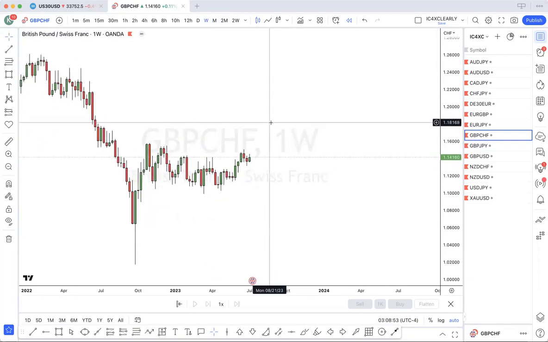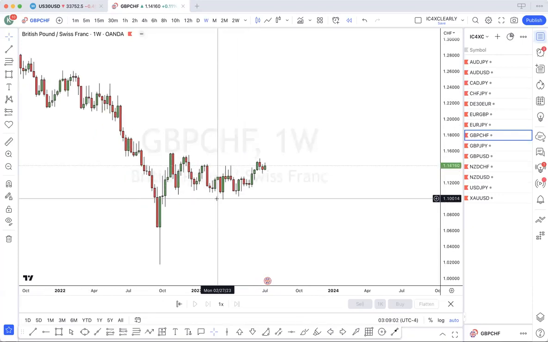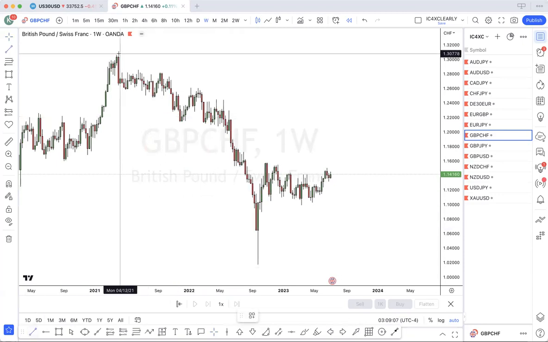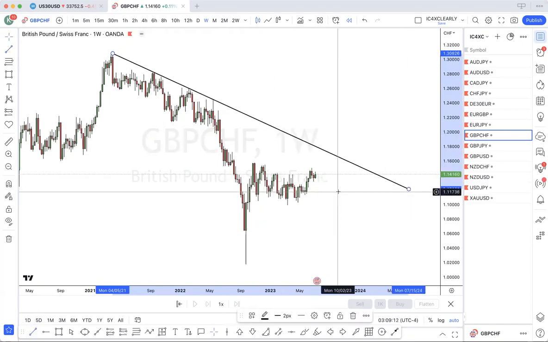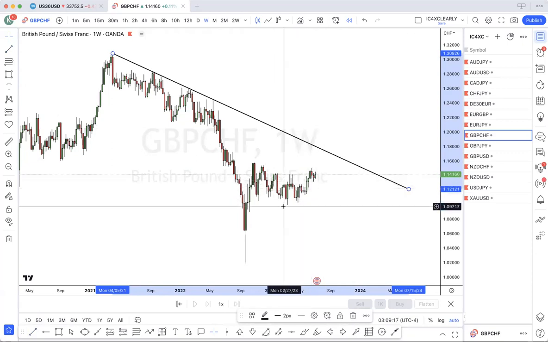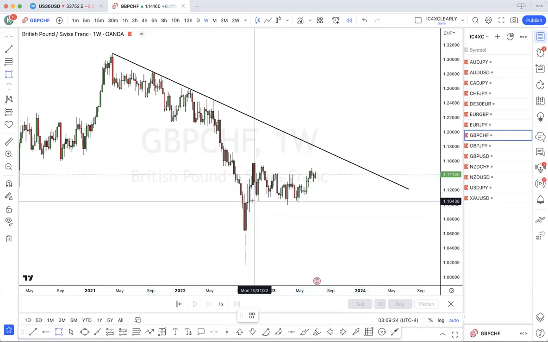All right, GBP Chef was a weekly bullish order block. All right. Price has been very bearish. Overall, I think it's somewhat consolidating here.